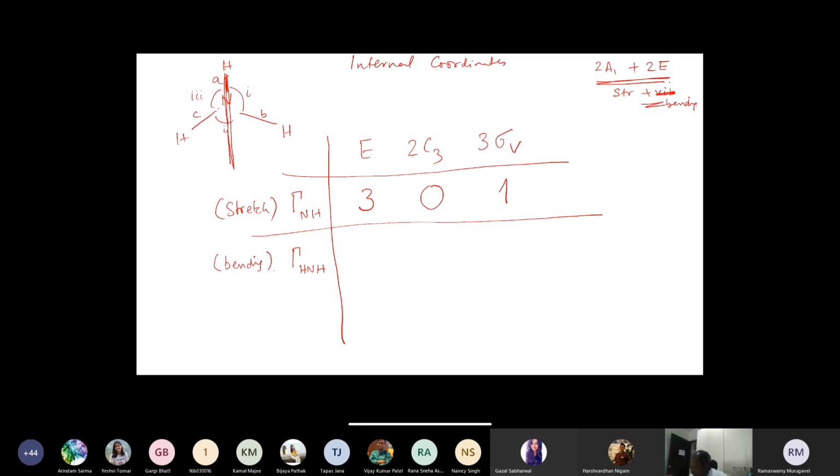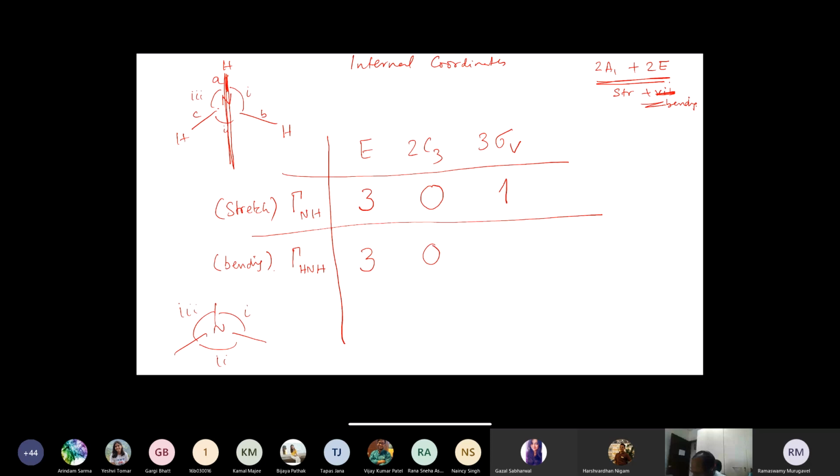I can do the same thing for the angle. I once again draw the molecule for simplicity's sake. I have only these 3 angles. I call these 1, 2, and 3. If I do E, all 3 angles remain where they are. And I do a C3, again all 3 angles move around. 3 becomes 1, 1 becomes 2, 2 becomes 3: 0.